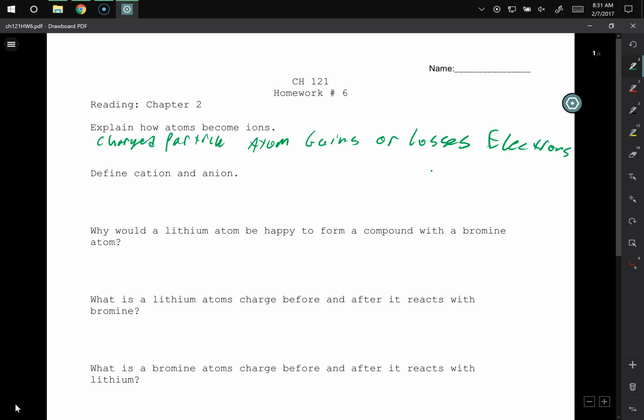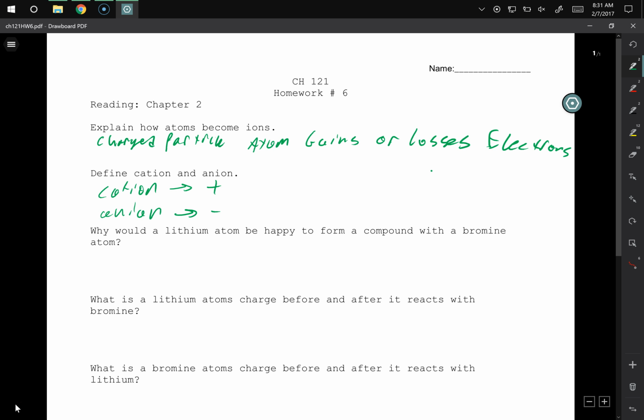What about the protons? Those are charged. They cannot be changed. You're not going to be changing the proton number. So the only thing you can do is add an electron to become negative or remove an electron to become positive. So cation, positive ion, and the anion is the negative ion.